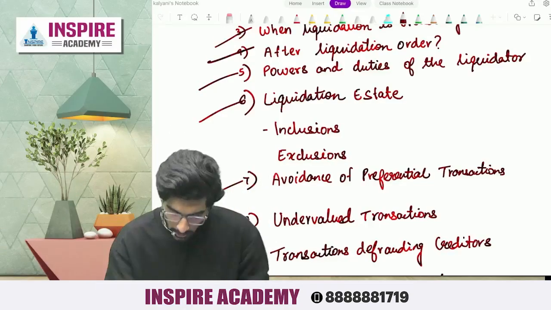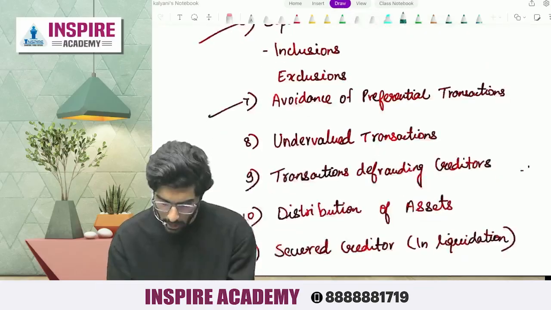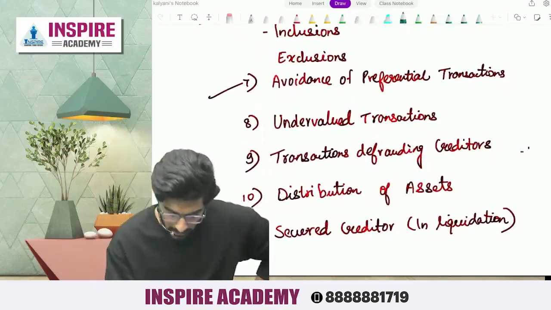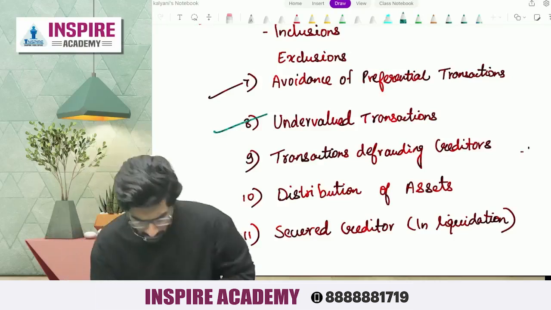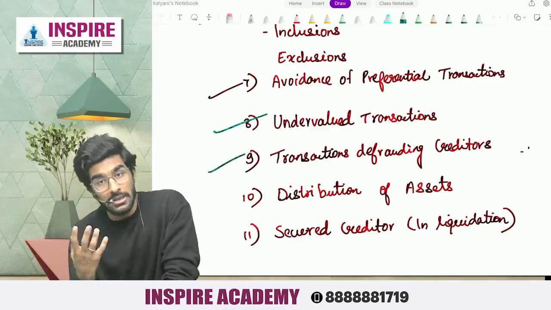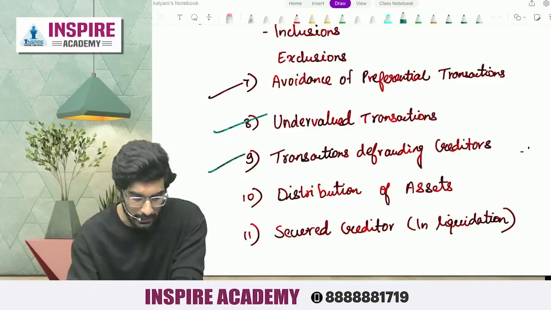Now people, today what are we going to do? Today we are going to cover four topics. Number one is, what is the meaning of undervalued transaction? We will understand. Number two is transactions carried out to defraud the creditors. We'll understand in detail.